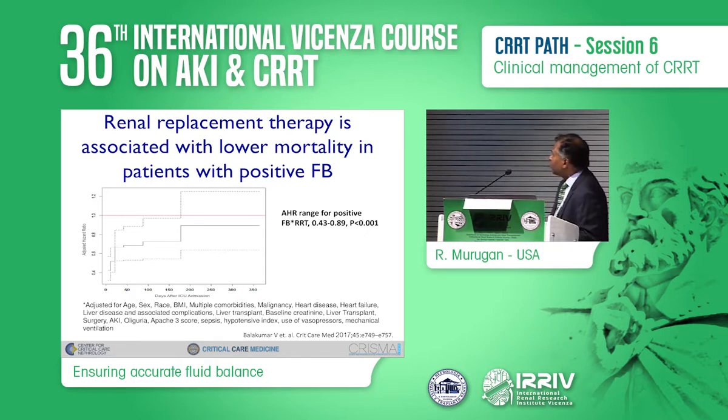In other words, in this graph, this is the interaction between positive fluid balance on mortality in patients who receive renal replacement therapy compared to patients who don't. And you can see that the hazard actually changes to a protective strategy. In other words, removing fluid is associated with improvement in outcomes.